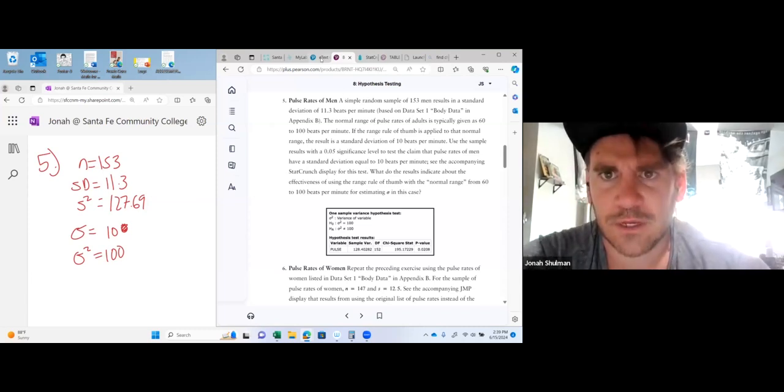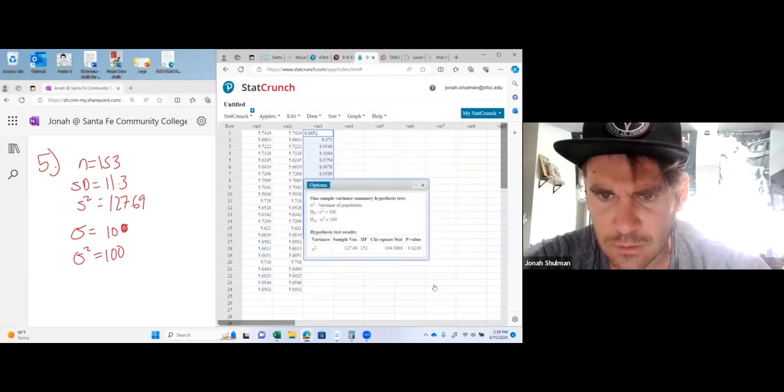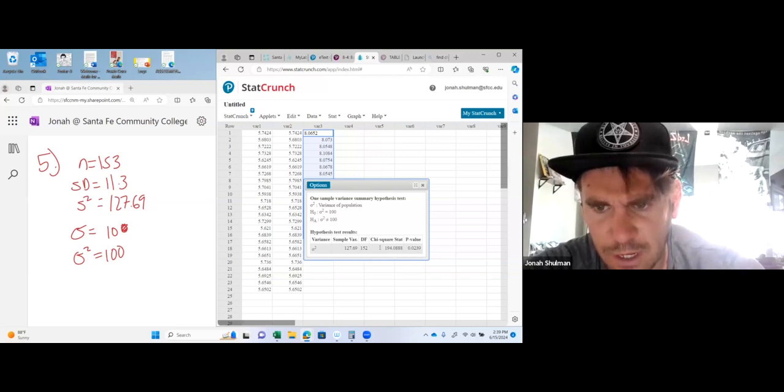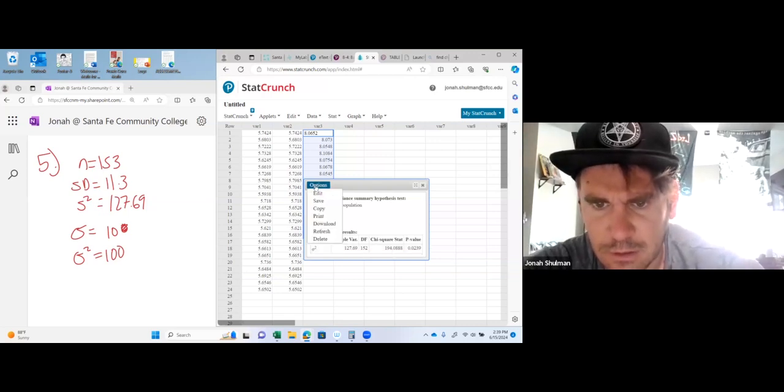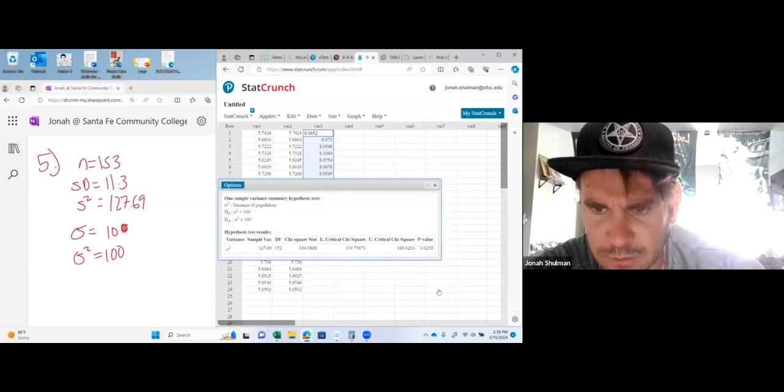It says 0.05, yeah. 0.02, less than 0.05. I want to see the critical value, compute it. Nice.